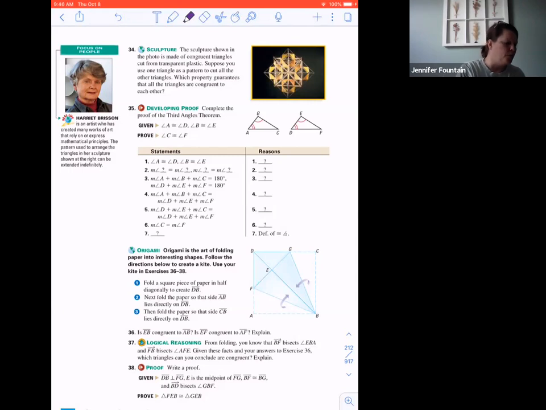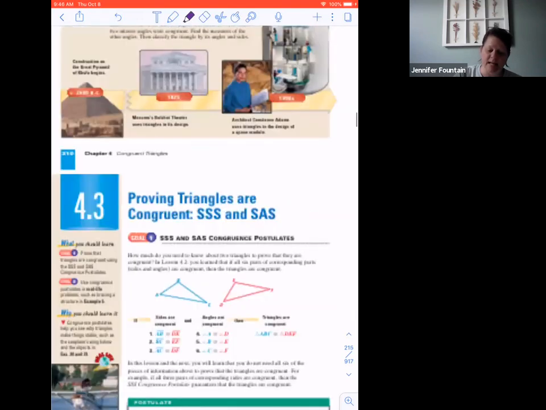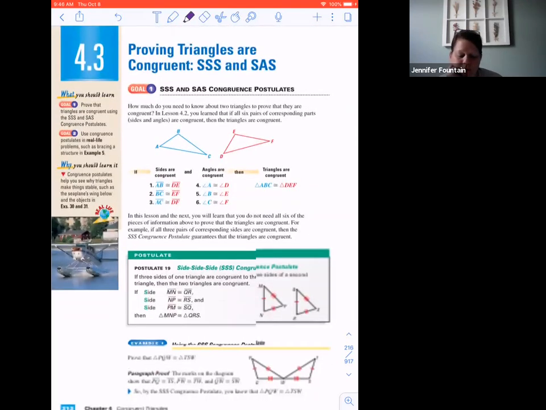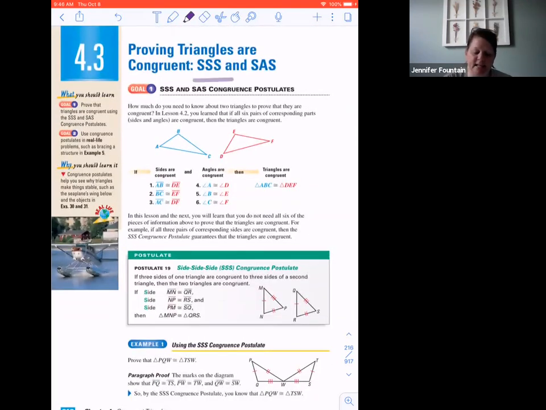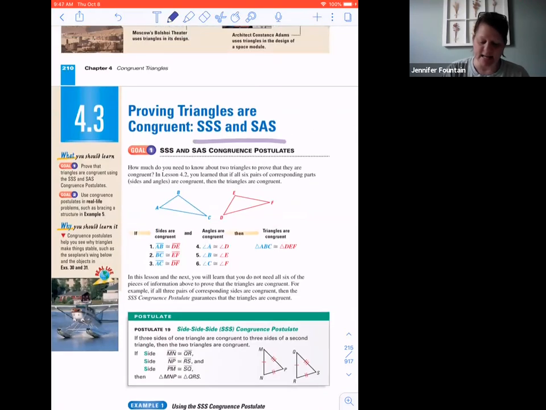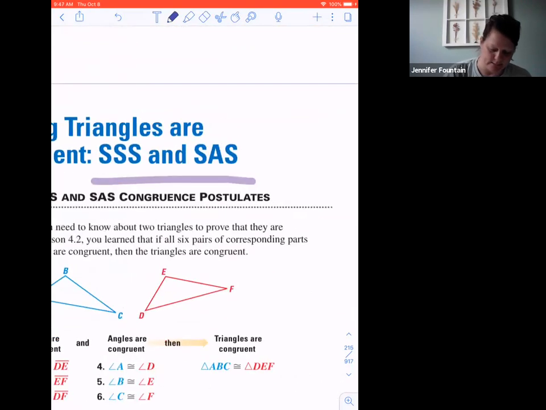All right, so now we are going to move on to 4.3. And 4.3 is proving triangles are congruent using SSS and SAS. Okay, so what that means is SSS means side, side, side.